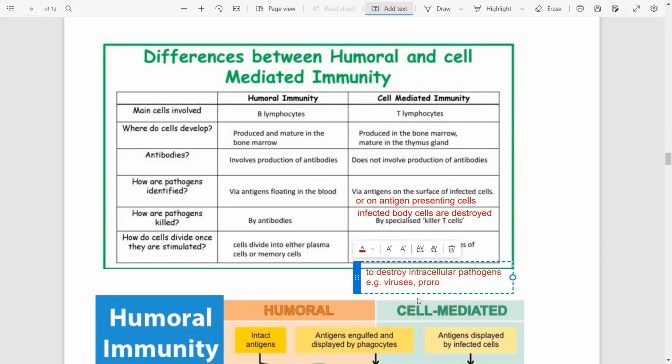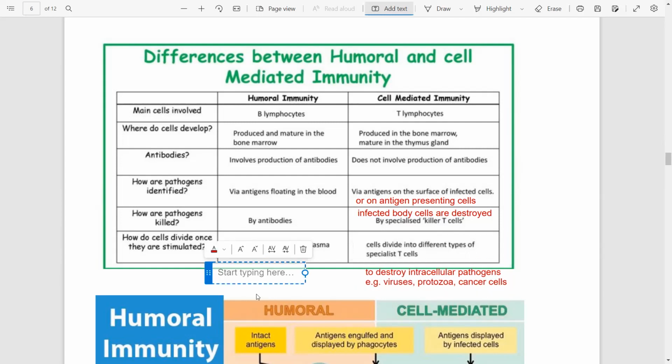Some protozoa too, they love to go inside the cell. We also use it to kill cancer cells because these are our own cells, right? But we use the humoral system to destroy extracellular parasites or pathogens.